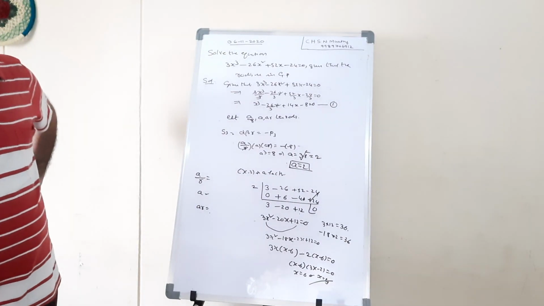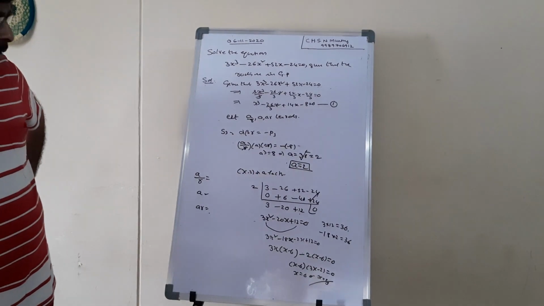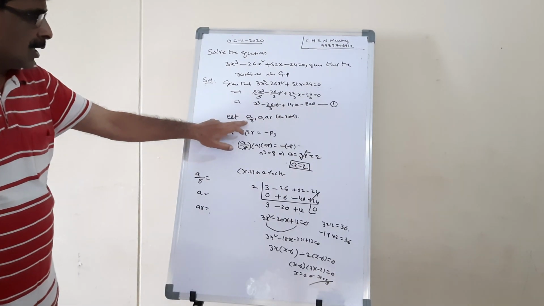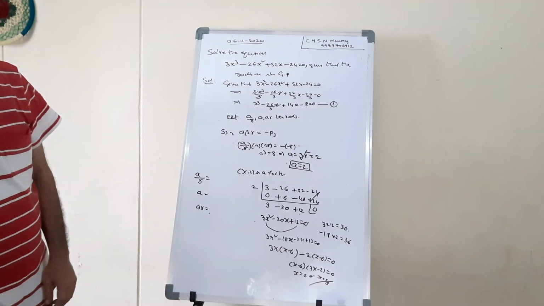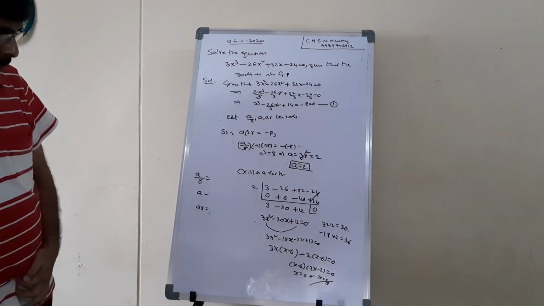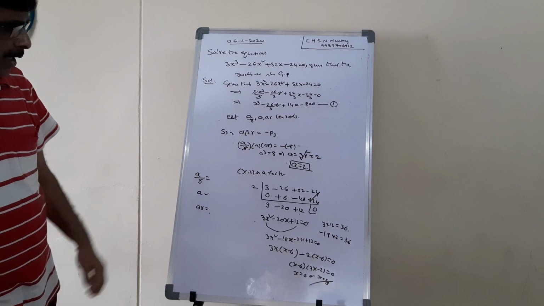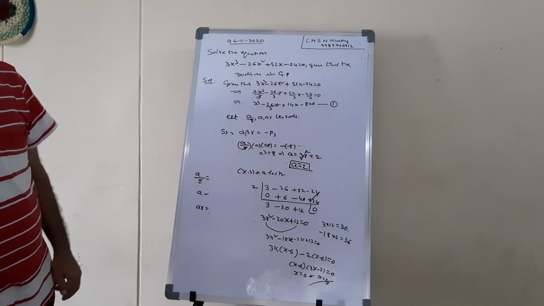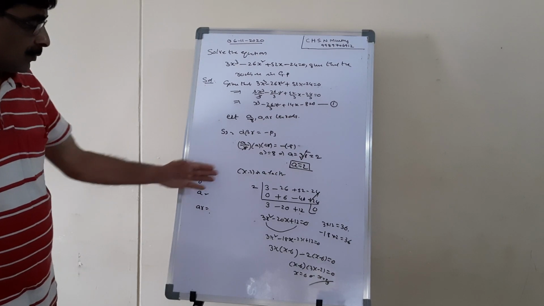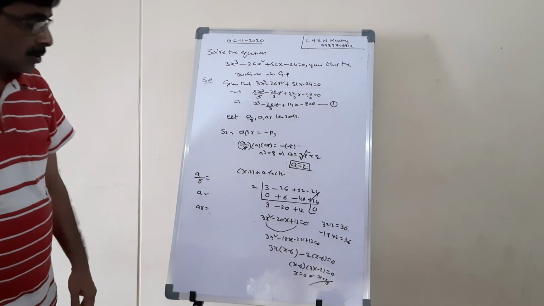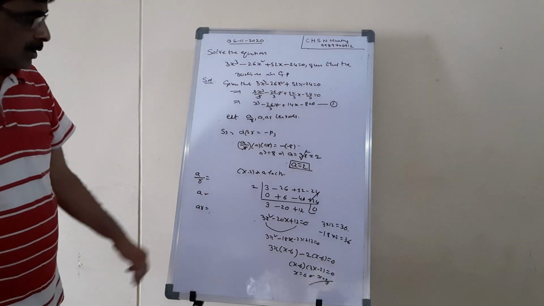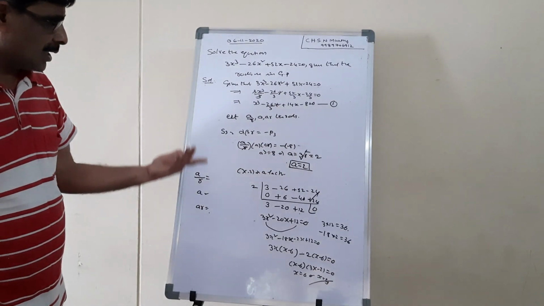The equation is given to you, and you take the product of the roots, that is A by R, A, AR. I have taken the product. From this we have the answer x equal to 6 or x equal to 2 by 3. Now you write the roots. Okay, you can get the answer easily.